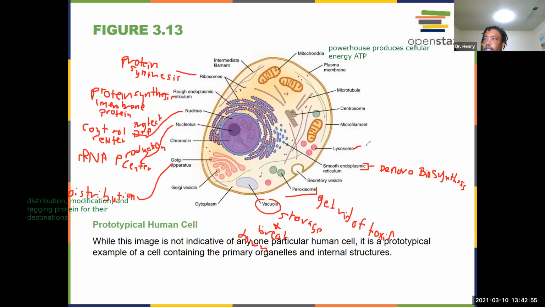The lysosome is responsible for breaking down and recycling those biomacromolecules that we use.